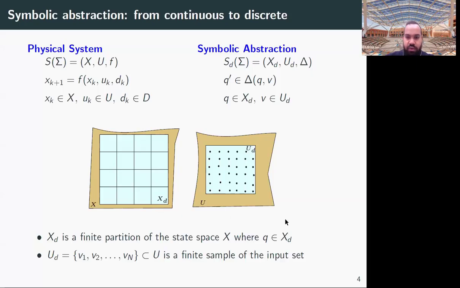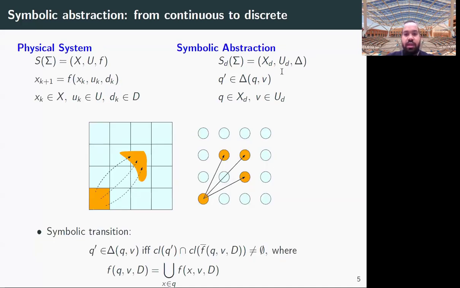And then for the transition system in the discrete, we should satisfy the next condition. So for a state, we look at the successor of this state. For example, if we take this state, the state that will be its successor should satisfy that the reachable set of this state should intersect with it.